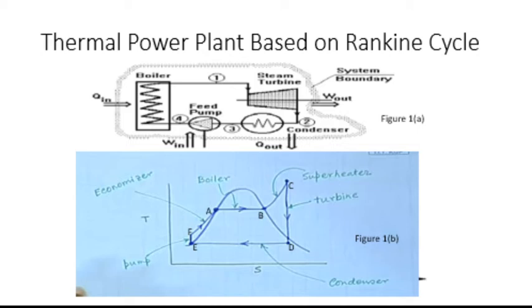In between the 1 to 2 path, when your high superheated steam goes into the steam turbine and comes out of the steam turbine, there will be no change in the entropy. So if we are traveling the path from 1 to 2 through the steam turbine, that path between 1 to 2 is known as the isentropic path.